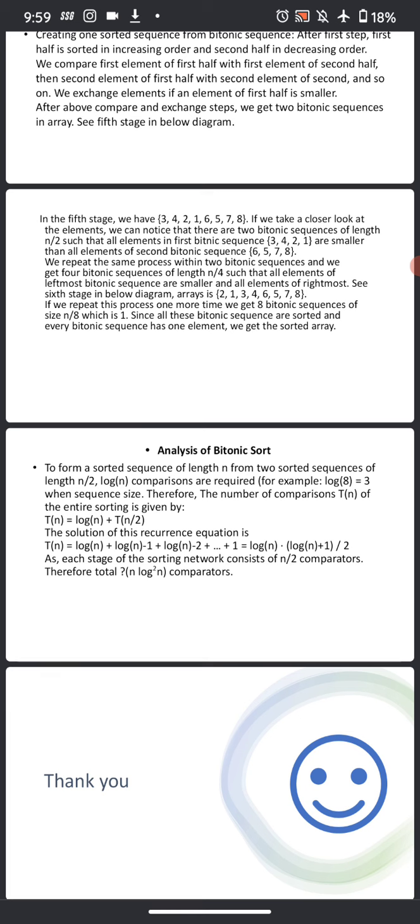The solution of this recurrence equation is T(n) equals log n plus log n minus 1 plus log n minus 2 plus ... plus 1, which equals log n times (log n plus 1) by 2, as each stage of the sorting network consists of n by 2 comparators. Therefore, there are a total of n log square n comparators.